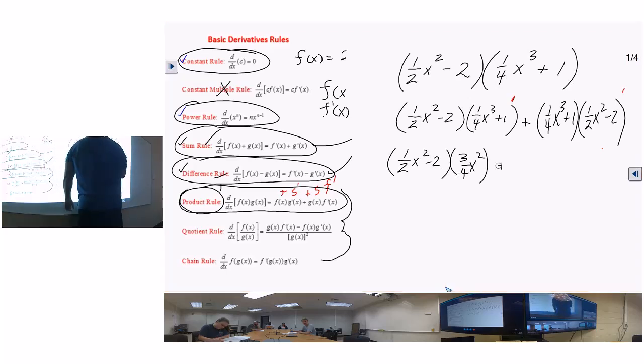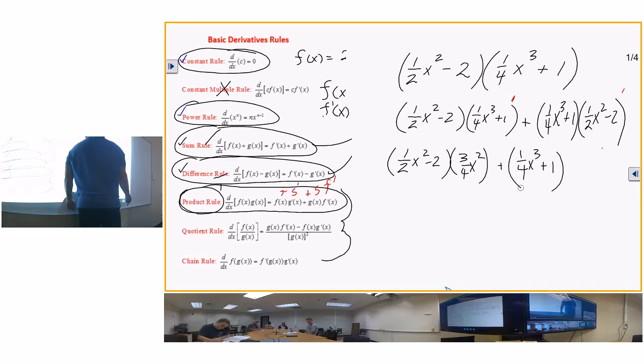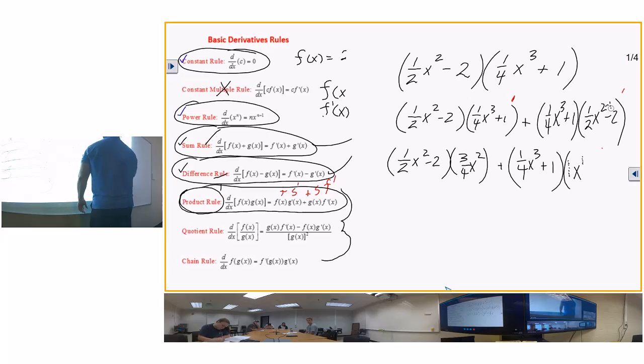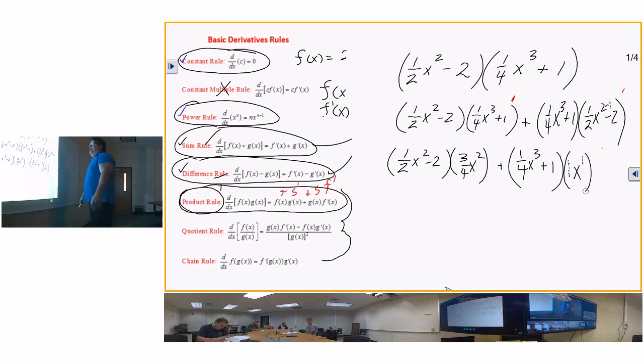Plus 1/4 x to the third plus 1. And what's the derivative of this function? X. Now I'm going to put a 1 here, so you'll see that we took the minus 1 there and 2 times 1 over. Okay? Now we're going to use our algebra.